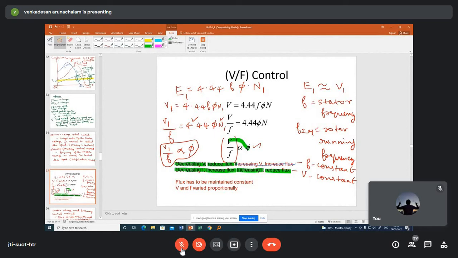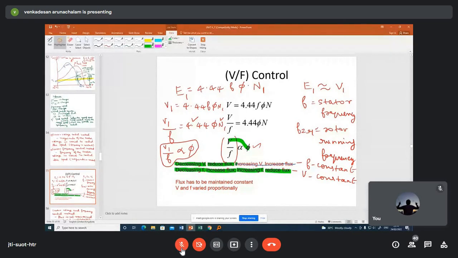In any electrical machine, it is always desirable to maintain the flux constant at its rated value, because when you operate the machine below the rated flux, the efficiency will reduce, since you are not completely exploiting the potential of the machine, and torque production is proportional to the flux.